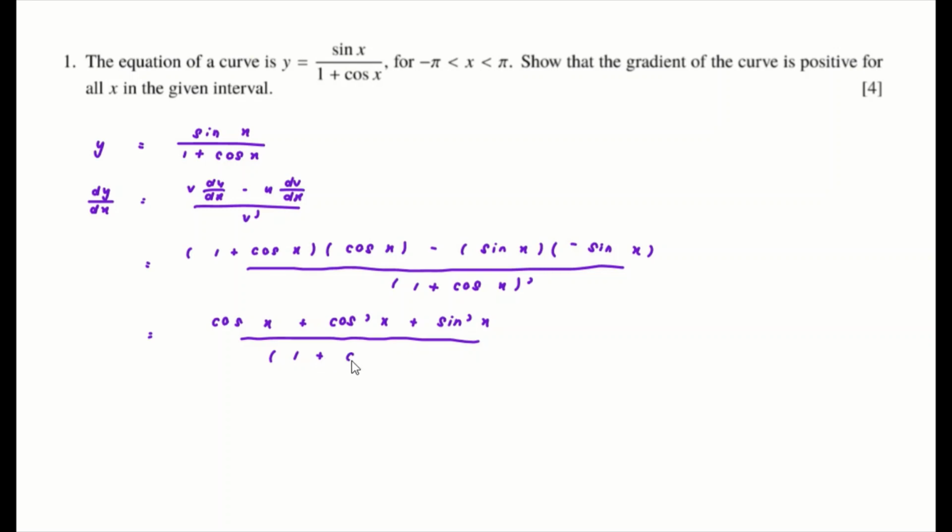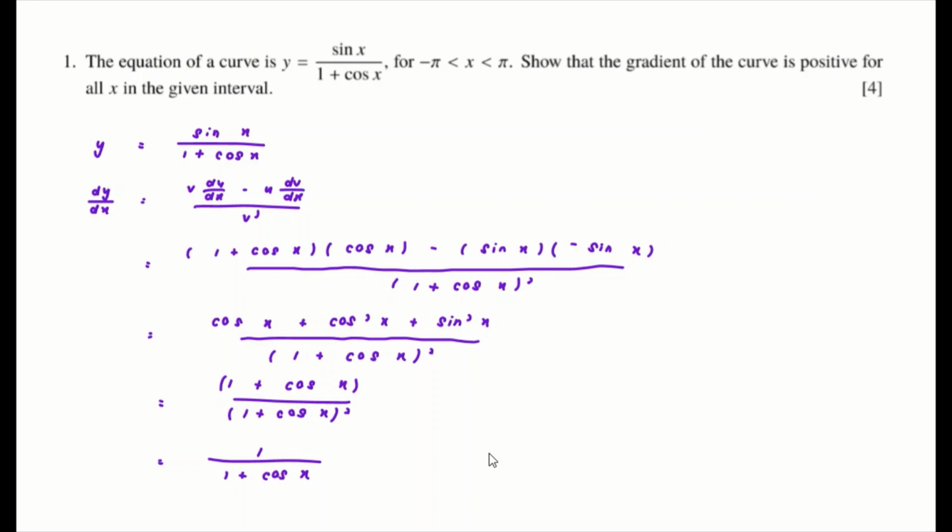So we also have 1 plus cos x in the numerator, over 1 plus cos x squared. The whole thing factorizes, so after we cancel off, we have 1 over 1 plus cos x.